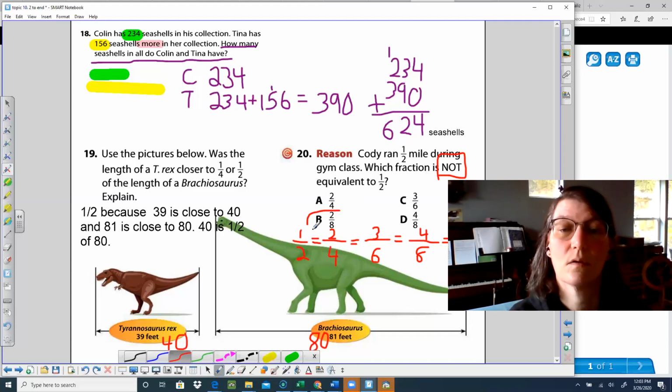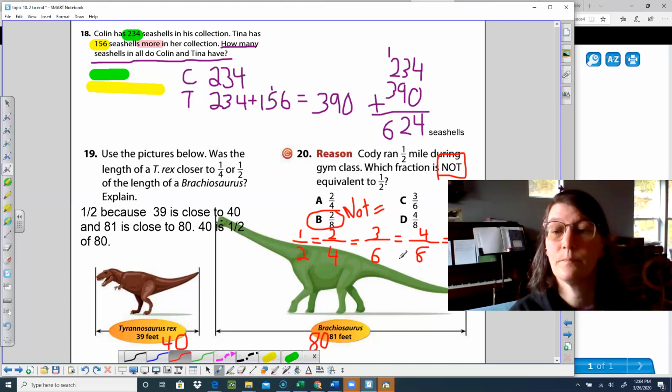So 2/8 is not equal, and I'm going to put not equal. Okay, so hopefully on your paper you listed all these equivalent fractions, and then next to it or below it or above it, wherever you have room, write 2/8 not equal.